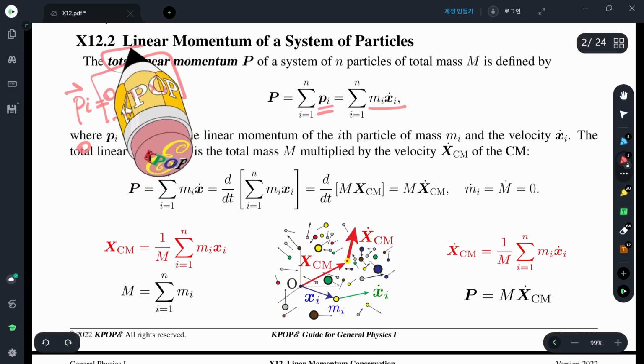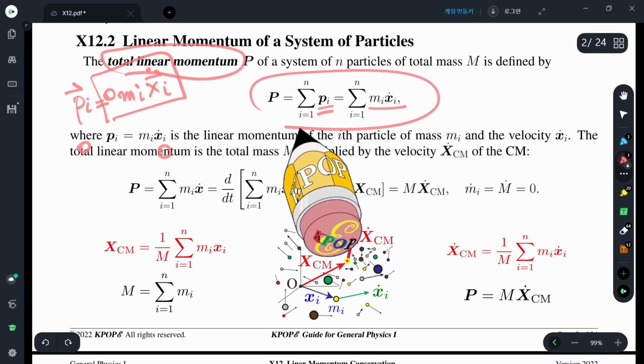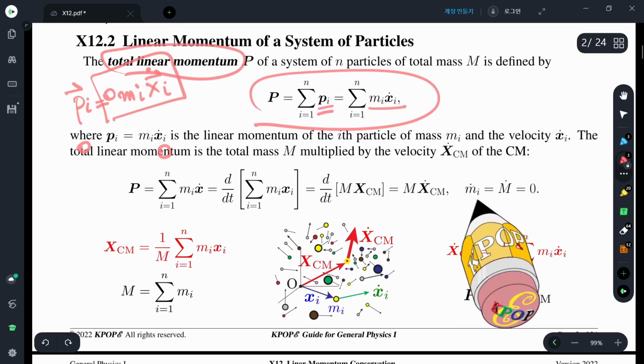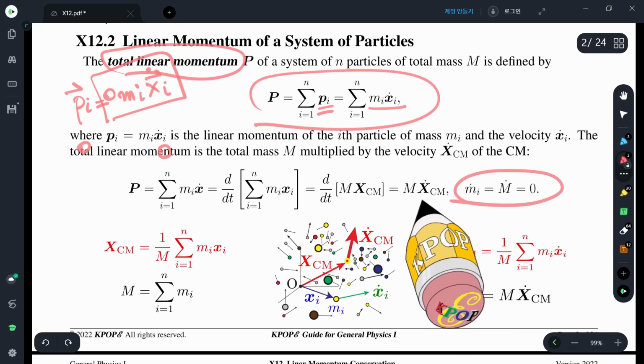We define the total linear momentum in this way, and we assume m_i dot and capital M dot are zero, where capital M is the total mass of the system of n particles.